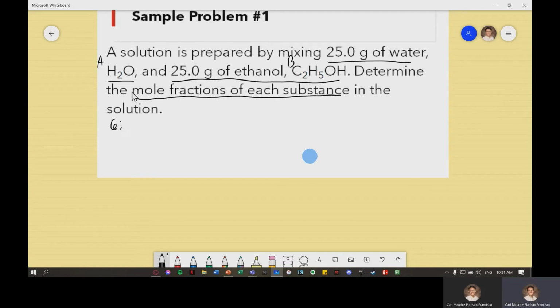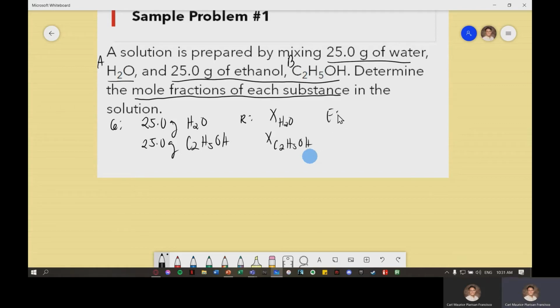So given, we have here 25.0 grams of water, and then 25.0 grams of ethanol. Our requirement would be mole fraction of water and then mole fraction of ethanol.